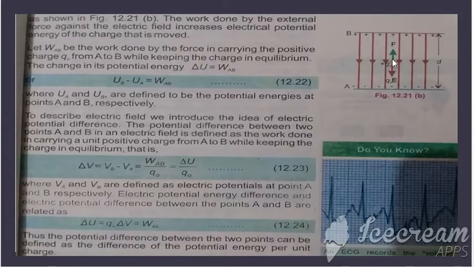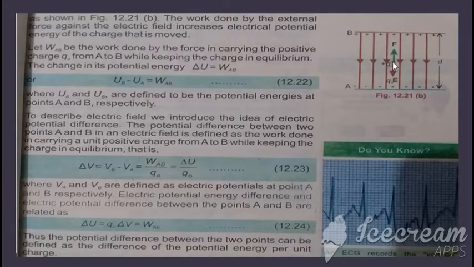The more the charge moves toward point B, that is, the more this positive charge moves towards the B plate, which is also positively charged, the more work will be done on the charge, and it will gain increasing potential energy.